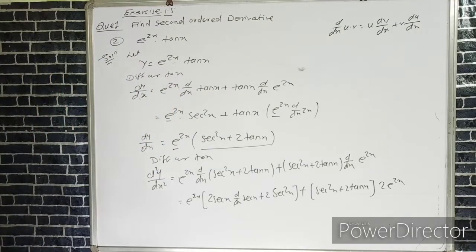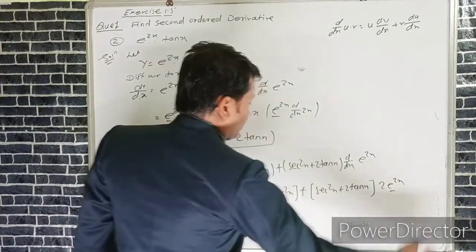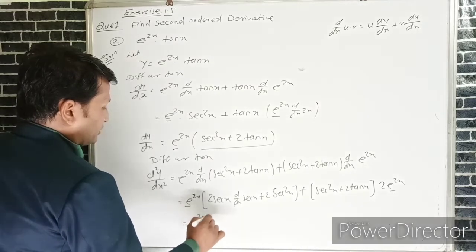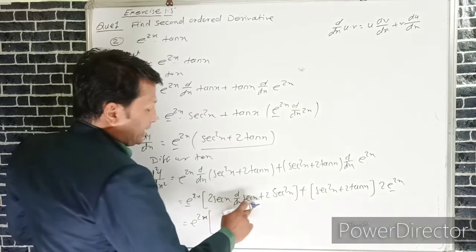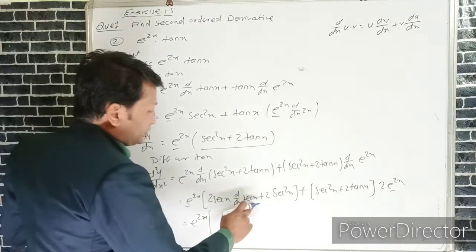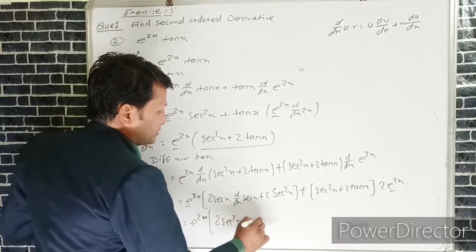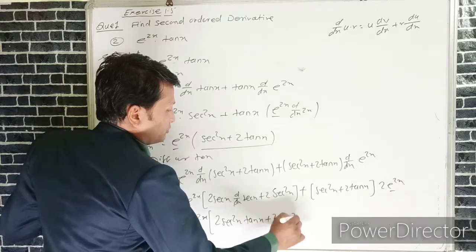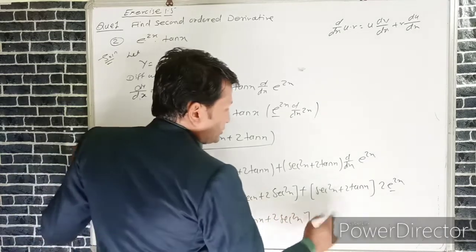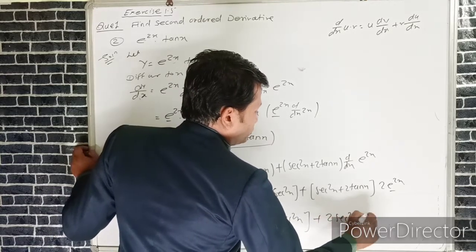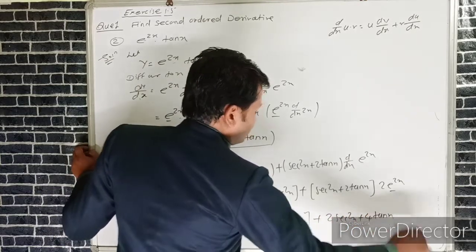Here again we can take e to the power 2x common from both terms. We can write e to the power 2x into 2 sec x, and the derivative of sec x is sec x tan x, so 2 sec square x tan x plus 2 sec square x, plus sec square x into 2 sec square x plus 2 into 2, which is 4 tan x.